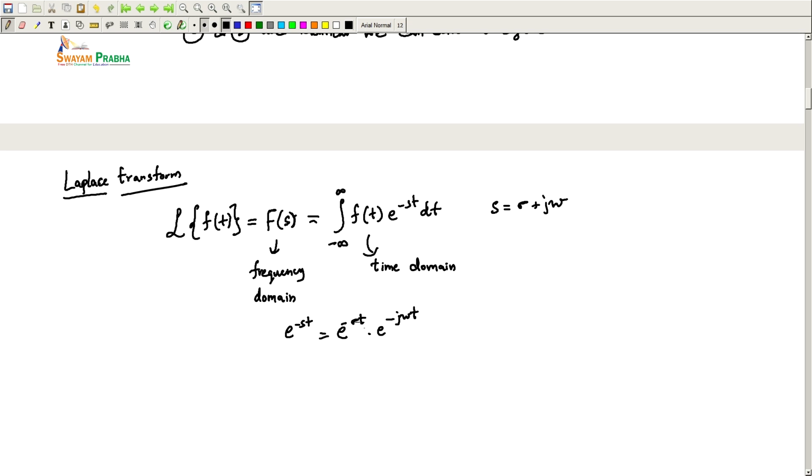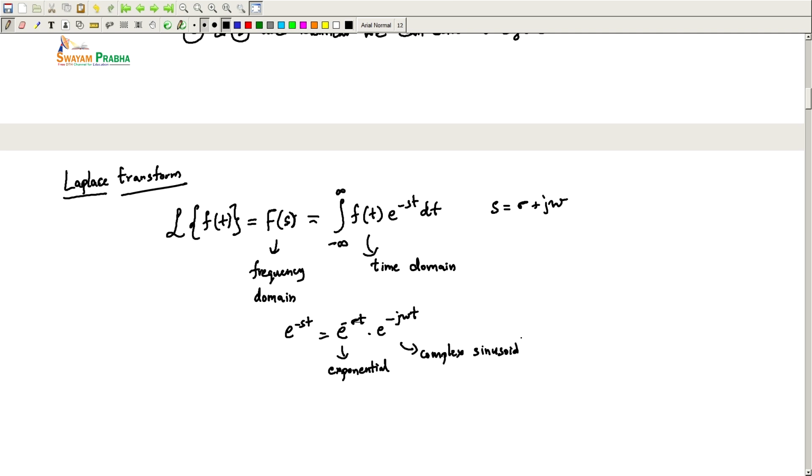So, this is the exponential part and this is a complex sinusoid.